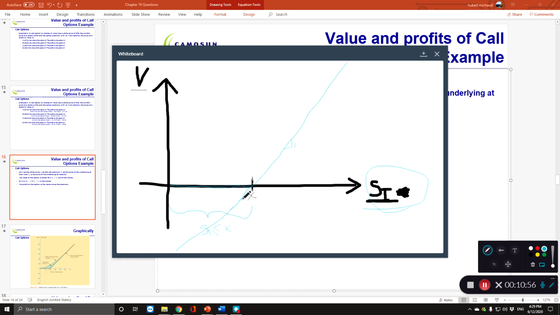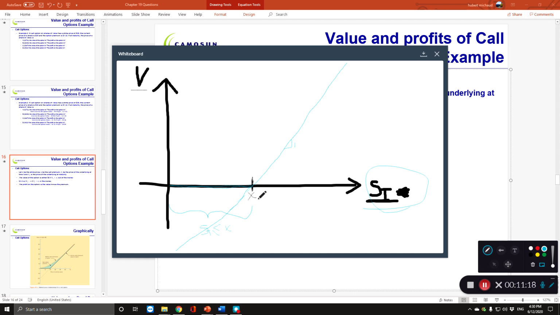So for all of these points here, you could get this negative value out of the option, but you could also just decide not to exercise your option and get 0, right? So we actually kind of ignore that part of the function here. Okay, this is just showing the value of the option as a function of the value of the underlying.